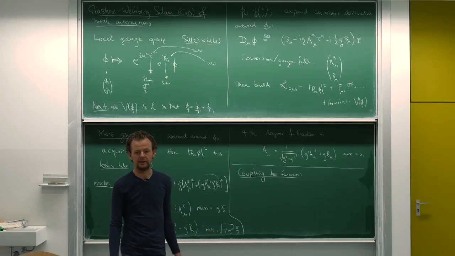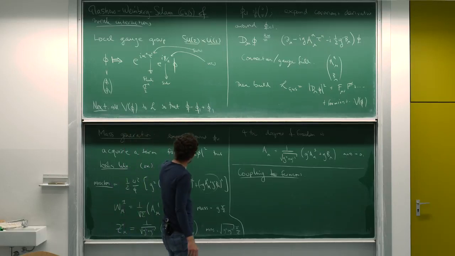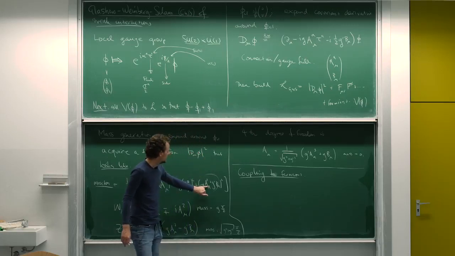This is the mechanism of mass generation for the GWS theory for these gauge bosons. We've only talked about the gauge bosons and this additional field phi here.